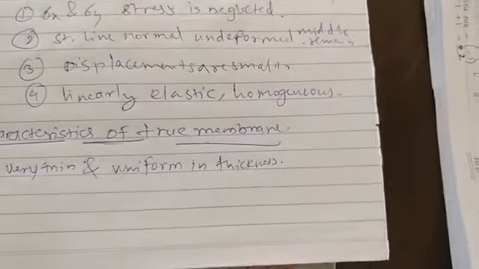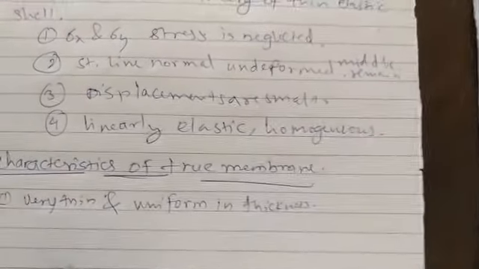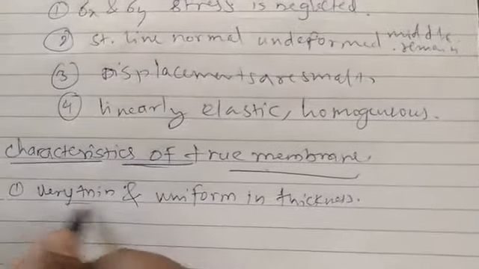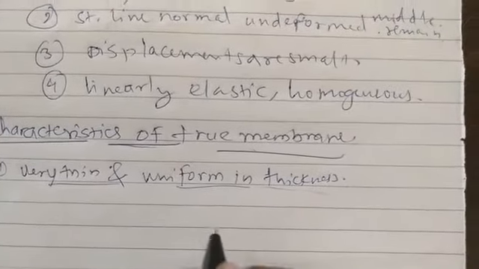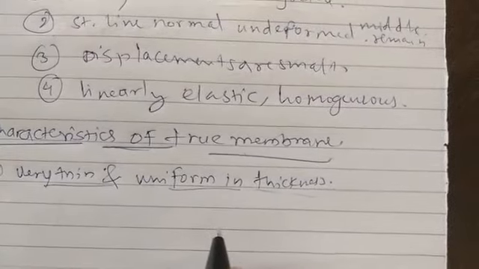Any abrupt change in thickness is not permitted. So it should be very thin and uniform in thickness. So this is the first characteristic of a true membrane.